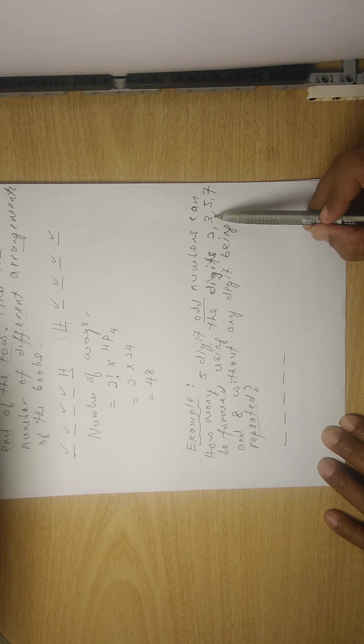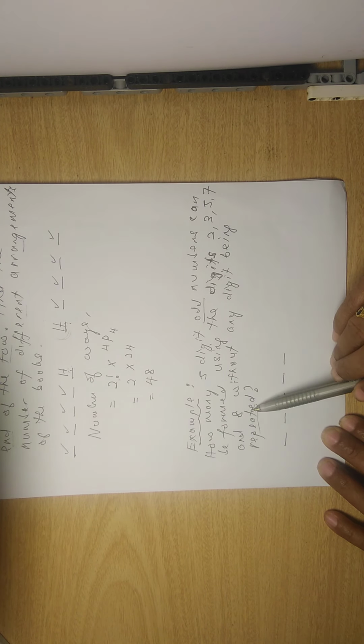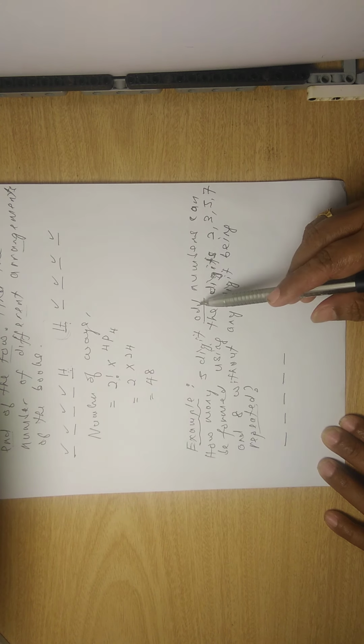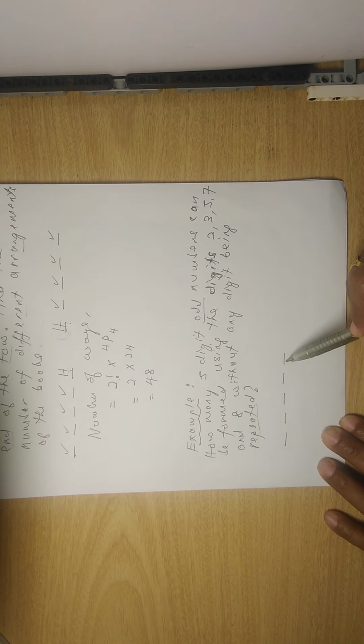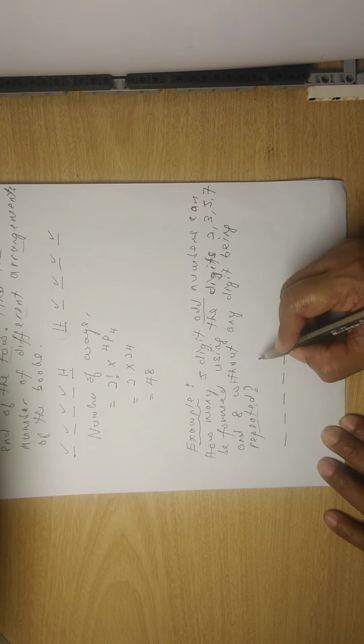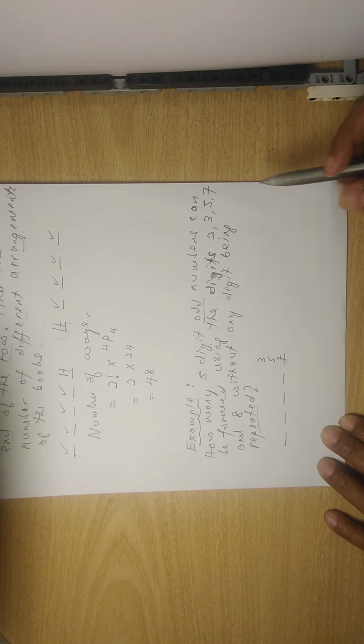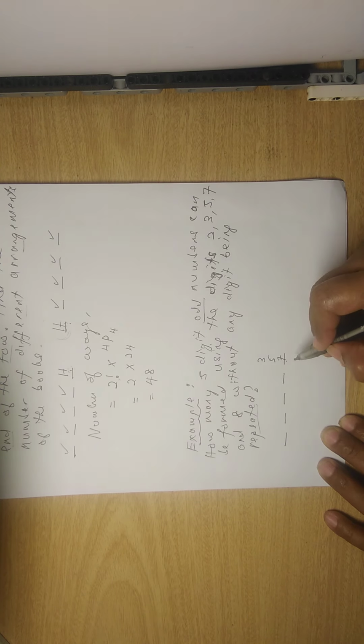You've got 2, 3, 5, 7, and 8. In order to get an odd number, that's my condition, the last digit must be an odd number. So you can have choices from 3, 5, or 7. I've got 3 choices already.